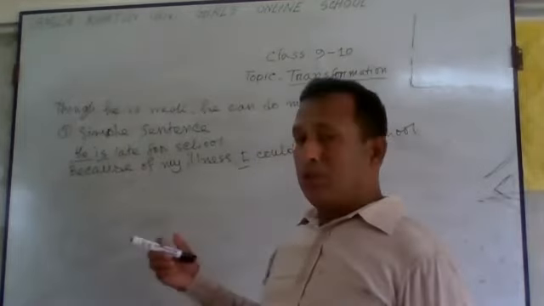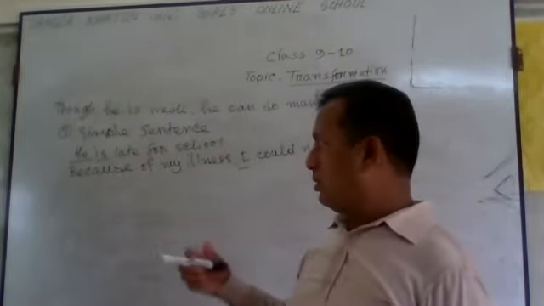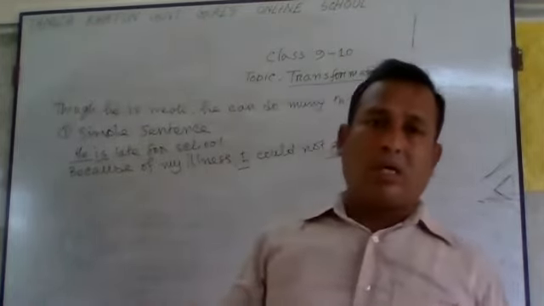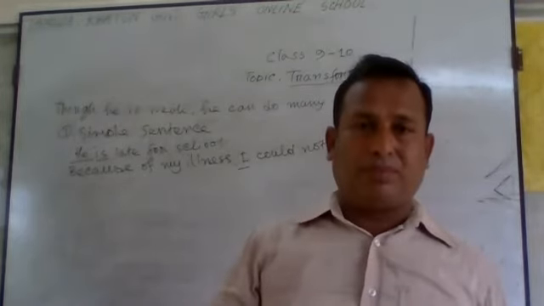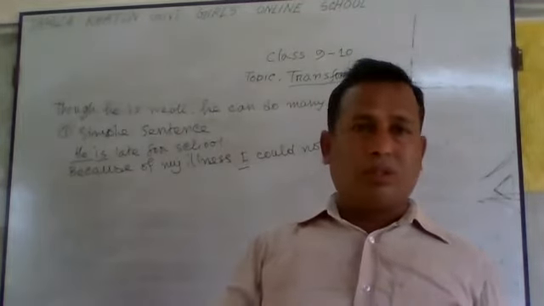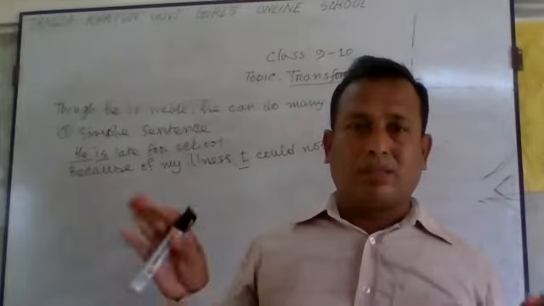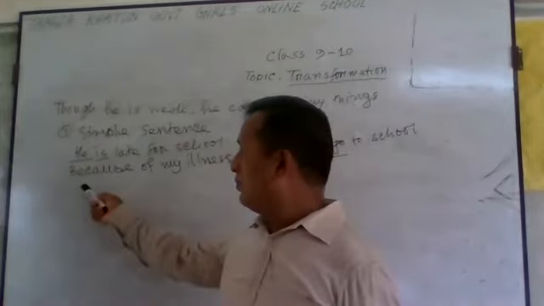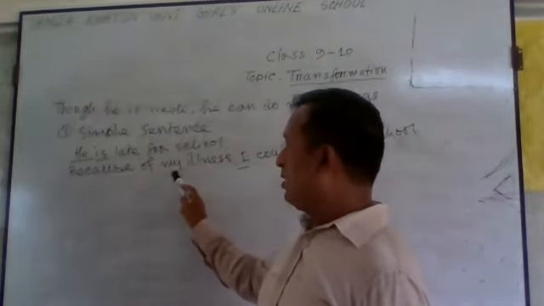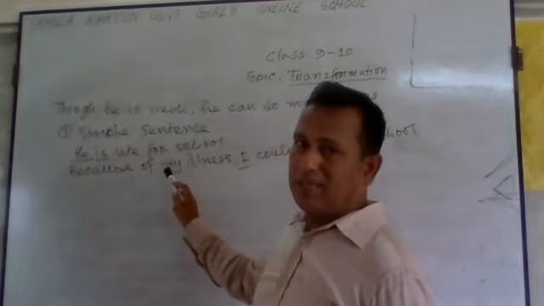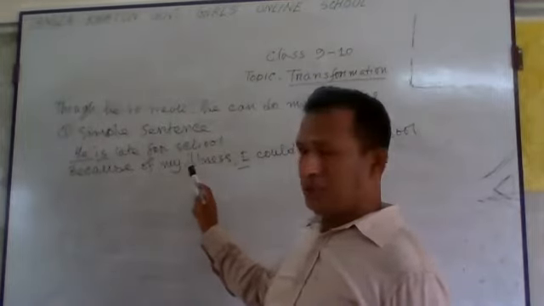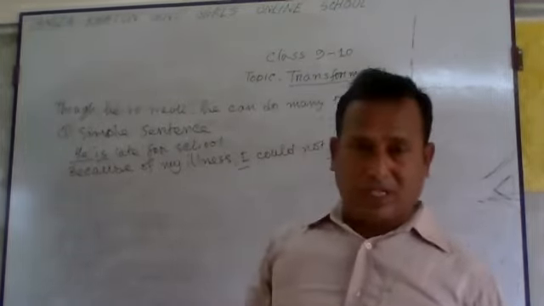So you know that in the phrase there is no subject and there is no finite verb. In a phrase, you can never find the subject or finite verb. If you look at this, because of my illness, my is the possessive form of the subject I, and illness is a noun.